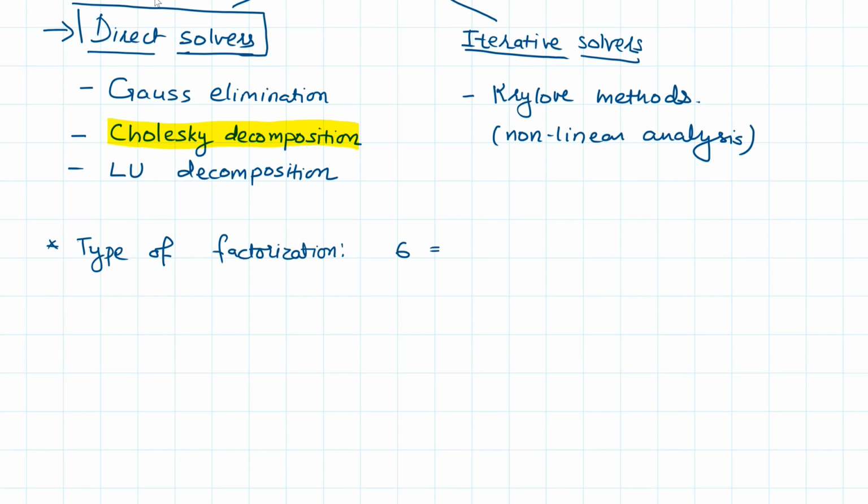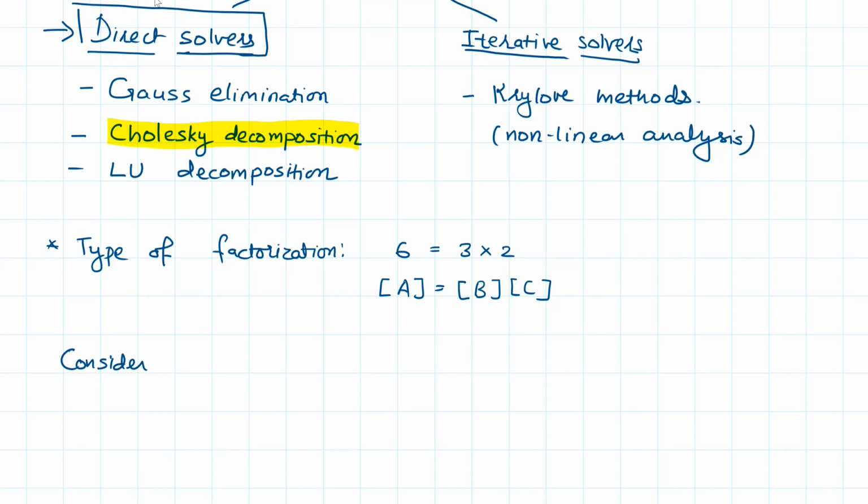So similar to how you would factorize a number, 3 times 2 is equal to 6, you can similarly factorize any matrix into two matrices.